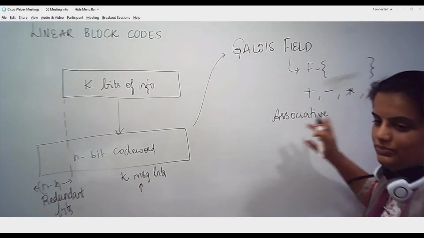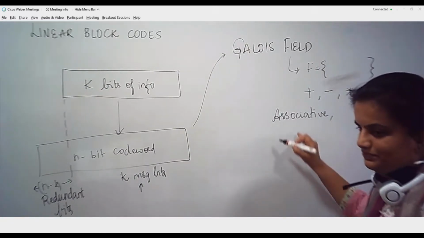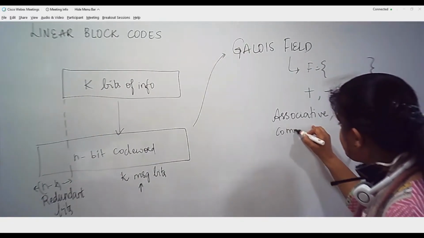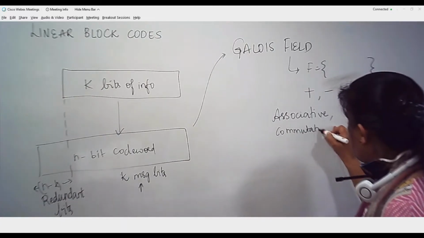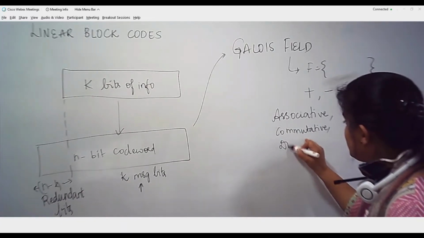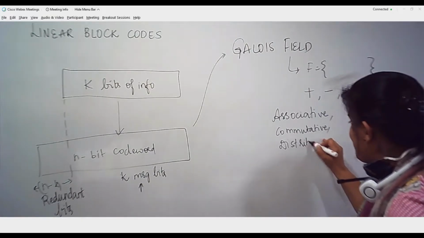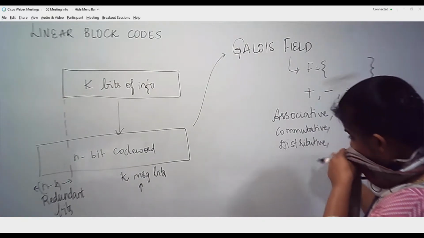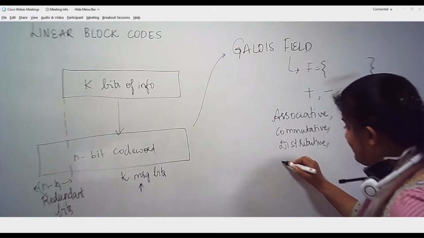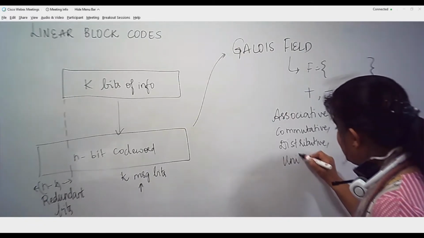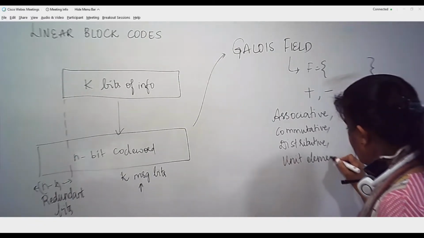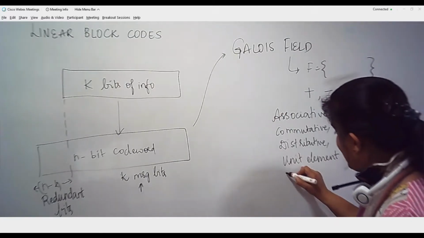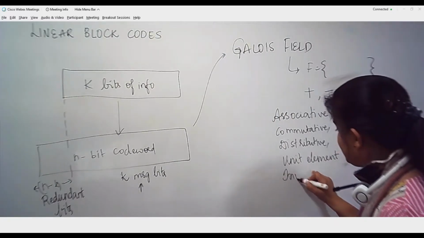The elements in the field must satisfy the associative property, commutative property, distributive property, and it should also have a unit element, and an inverse element.